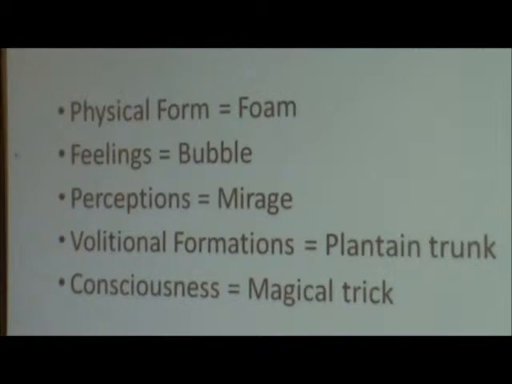And then sensations are like a bubble. None of these examples are permanent. They are really fragile things that we find in our nature that are produced through a number of conditions. So form is produced by a particular set of conditions, and they are very fragile. And that is the nature of the physical form.